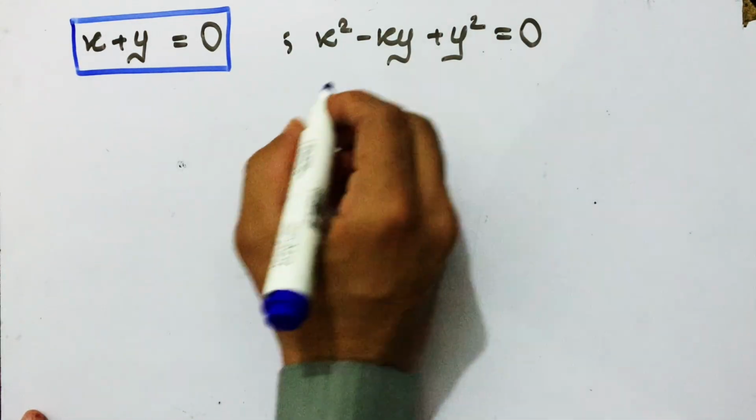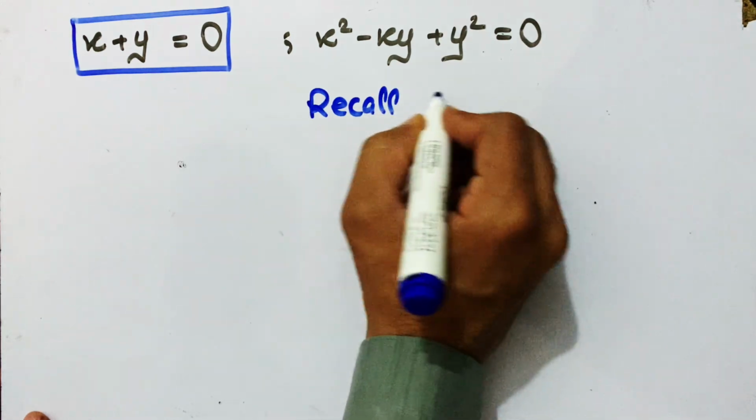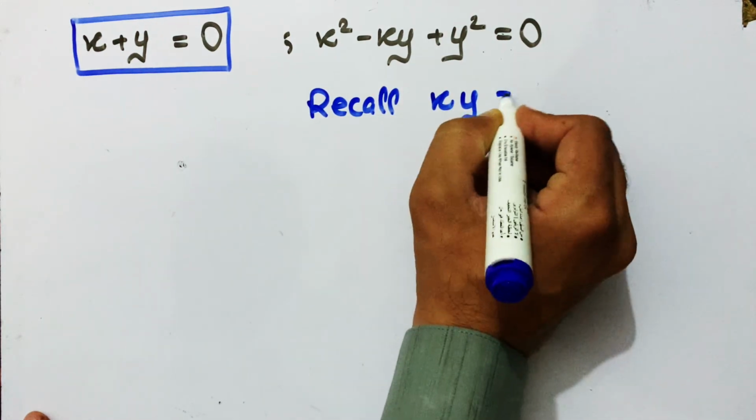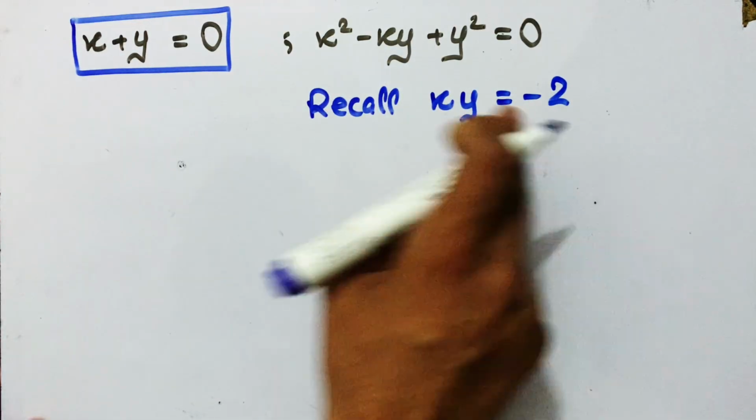Now I'm solving this equation. I'm recalling equation number 2, xy equals minus 2, and replacing xy with minus 2 here.